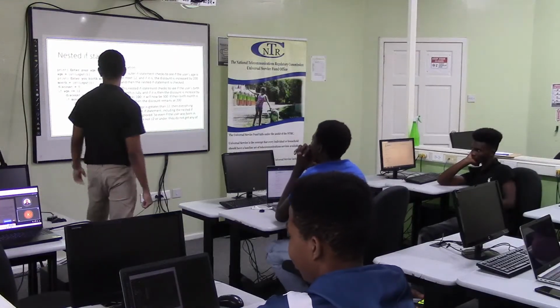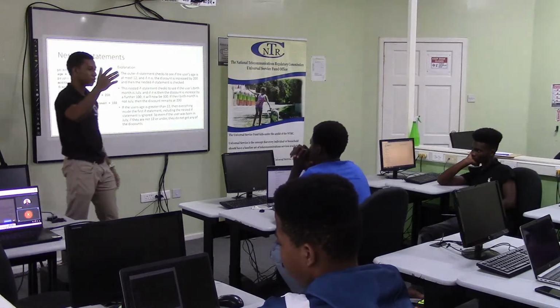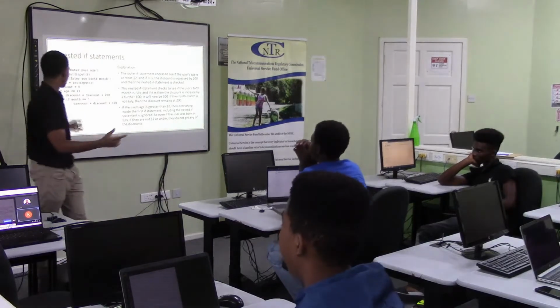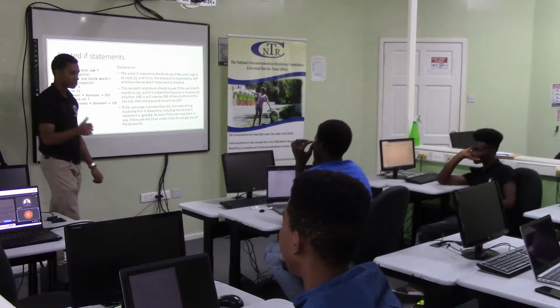So 13 and 7. What's my discount? Nothing. No discount. Why? Because the age is not less than or equal to, it's greater than. But my month is 7, so why don't I get a discount? You have to have all the requirements. Exactly. So this was false, so everything under this was ignored. So I get no discount.